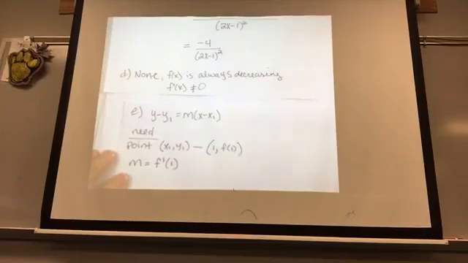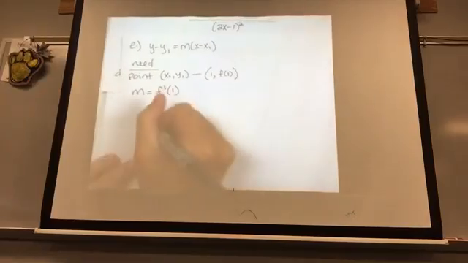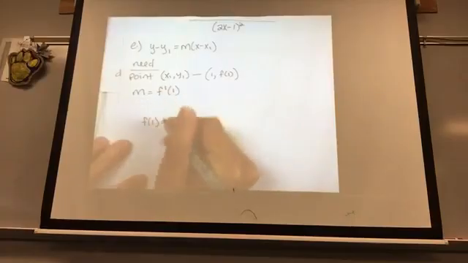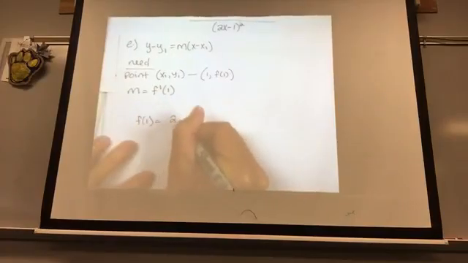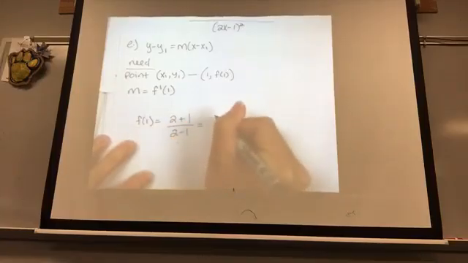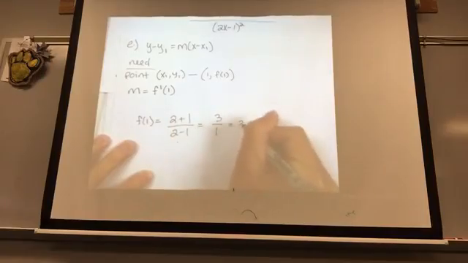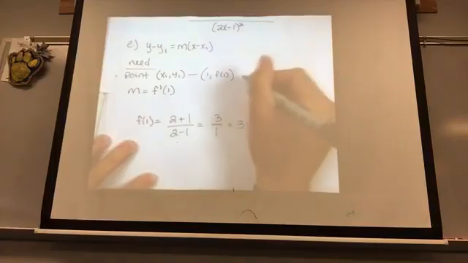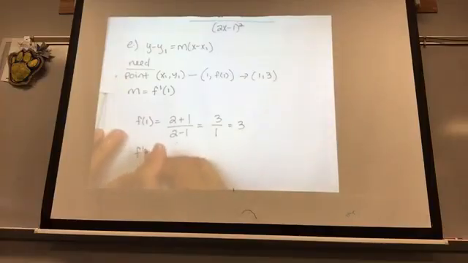Alright, so if we plug 1 into the original function, f of 1 will equal 2 plus 1 over 2 minus 1, which is equal to 3. So there's my point. And now f prime of 1, plugging it in to negative 4 over 2 times 1 minus 1 squared.